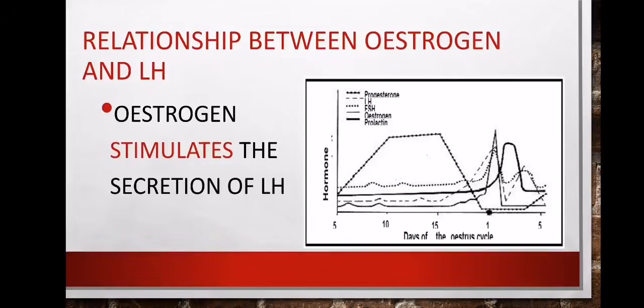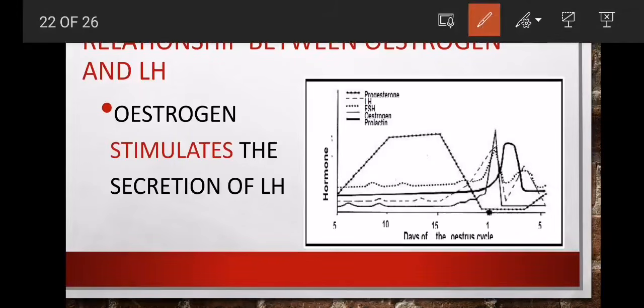What does that mean? It means estrogen stimulates the secretion of LH. If we say it stimulates the secretion of LH, it means it will cause LH to be secreted too. So once there is high secretion of estrogen, LH starts to increase.